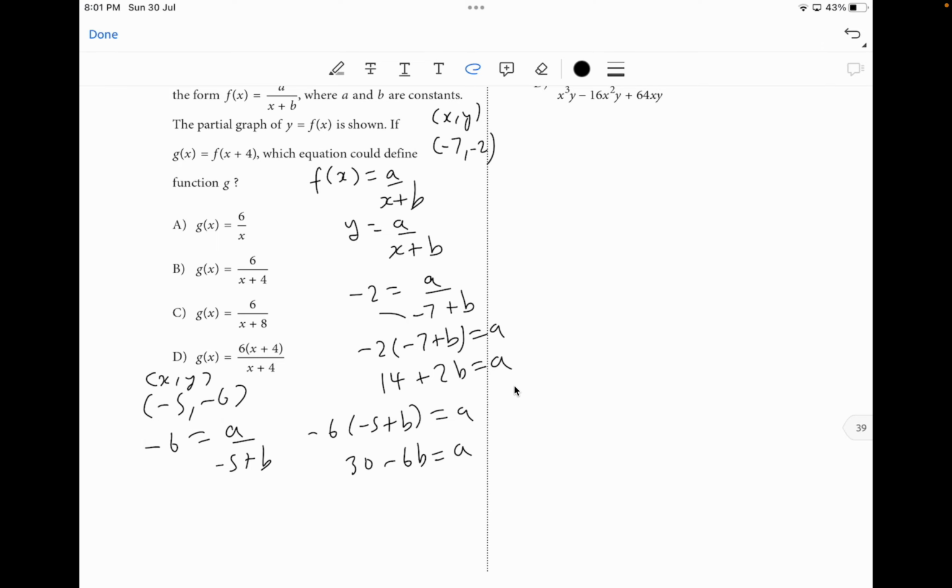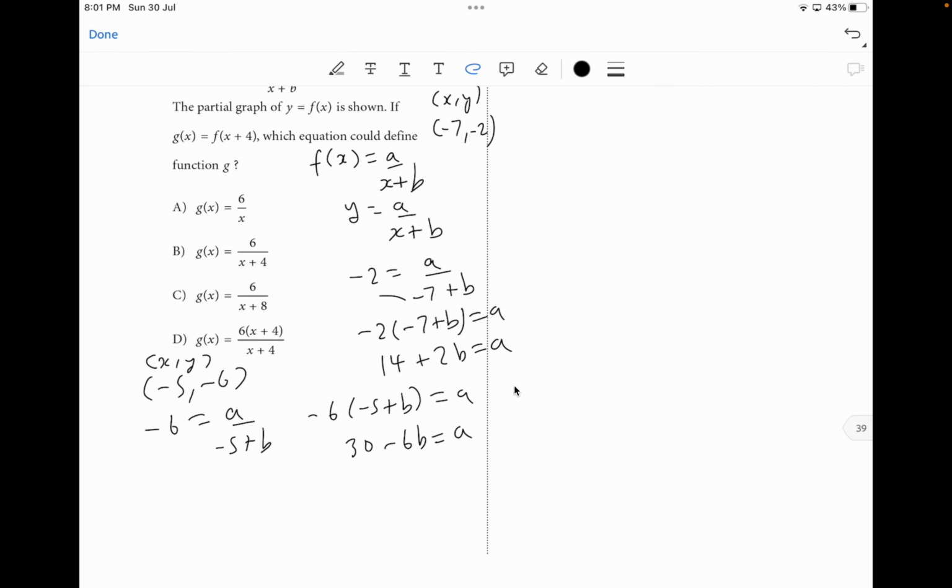What we're going to be doing is using the elimination method. So this is two simultaneous equations. So hopefully you guys have learned how to solve this. So 14 minus 2b is equivalent to a, and 30 minus 6b is equivalent to a. So we have two equations, right?